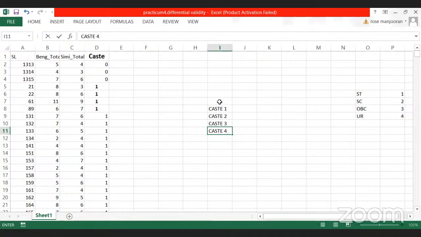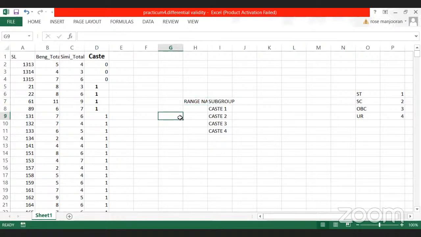So these are the castes, and we will write here subgroup. Then here we will write range name.